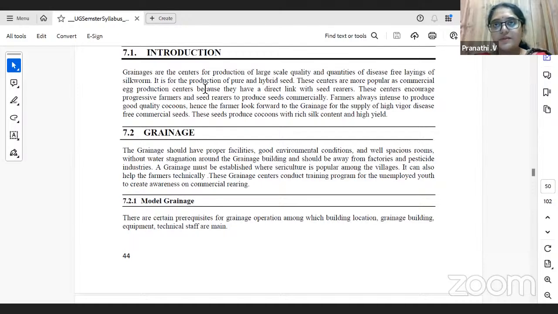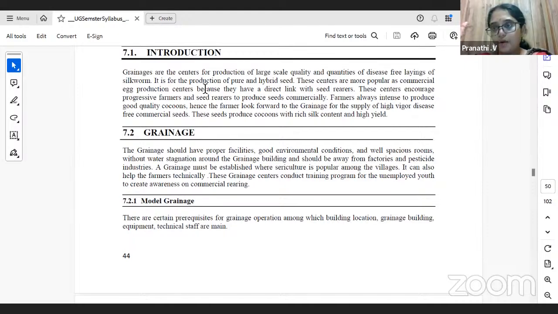Subsequently, it is easier for different kinds of viruses and bacteria to propagate in areas where there is stagnation of water. There might also be a chance of air and water pollution, so in this scenario the grainage building should be away from factories and pesticide industries.